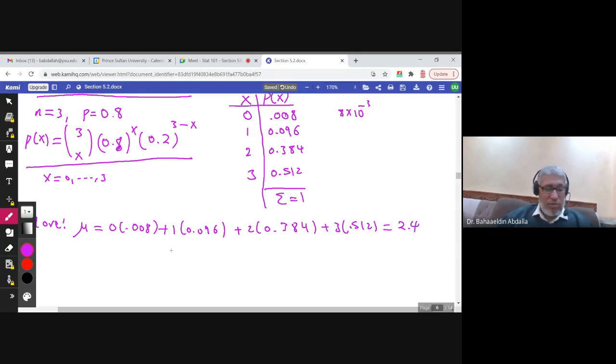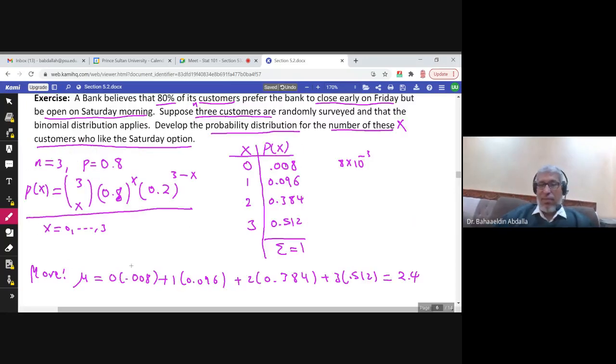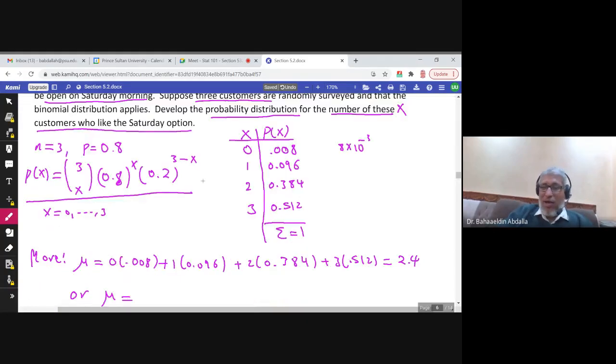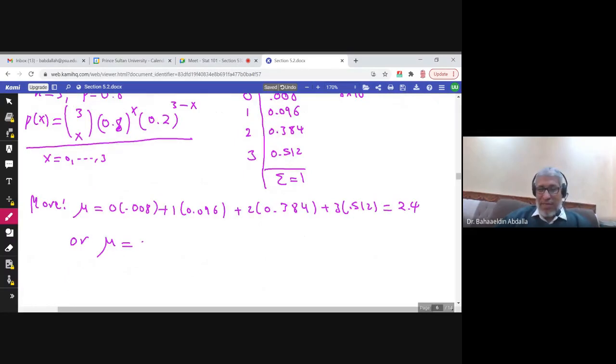But the question would be, is there another way? Is there an easy way here in the binomial distribution to find mu? And the answer is yes. Why? Because when he says that 80% of customers will prefer this option, and we have 3 customers, why don't you multiply 0.8 times 3? And then you will get also 2.4.